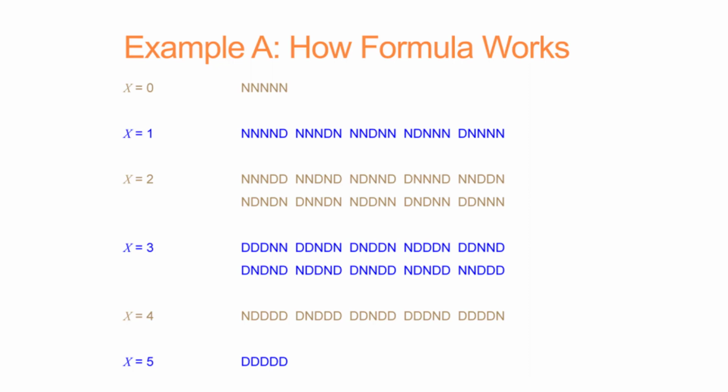We can see that there is one way to get x equal to 0, 5 ways to get x equal to 1, 10 ways to get x equal to 2, 10 ways to get x equal to 3, 5 ways to get x equal to 4, and 1 way to get x equal to 5. In our formula, the n choose k is counting how many ways that particular value of k can happen, and we will see that we will get 1, 5, 10, 10, 5, and 1 in this case. This list is just to convince you of where the values are coming from.